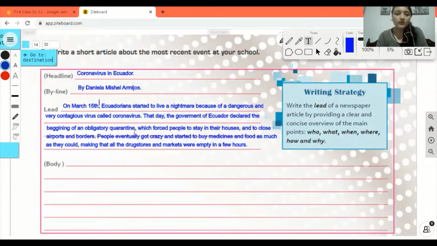As you can see, all the questions were answered in this part, but in a very short and not detailed way, because we are going to detail it here in the body paragraph. You remember the supporting details help us to explain in more detail about this part. So we are going to continue writing the next part.